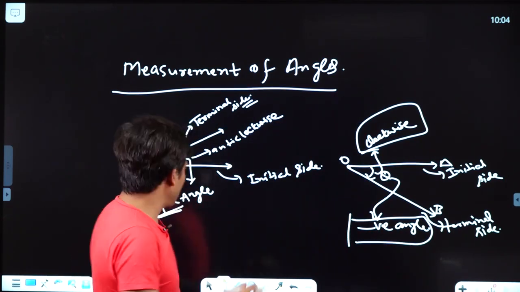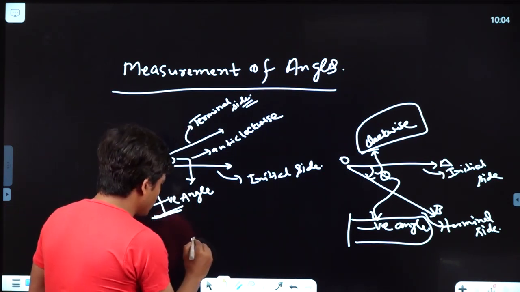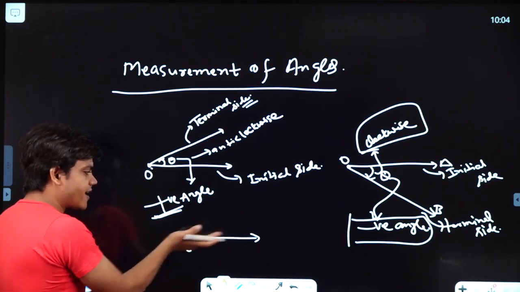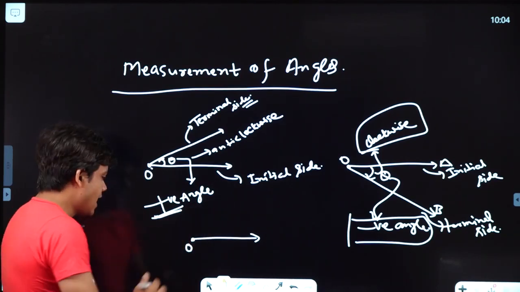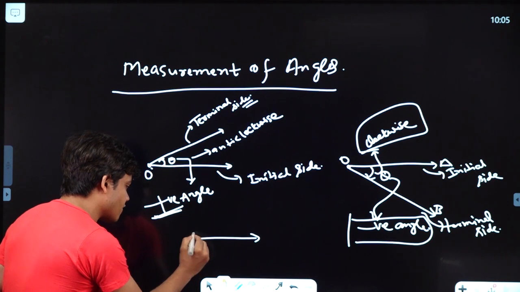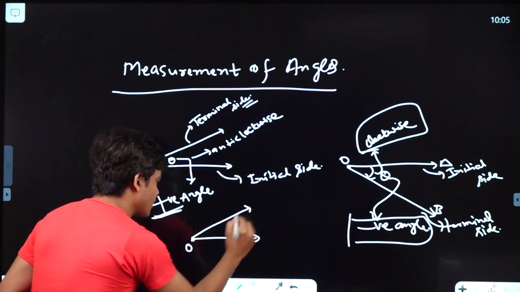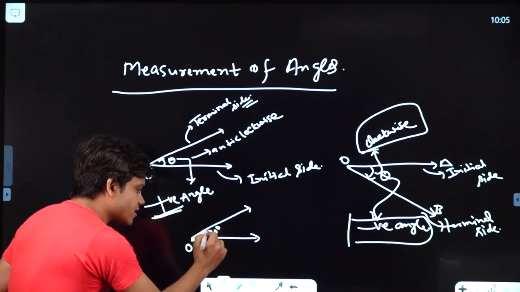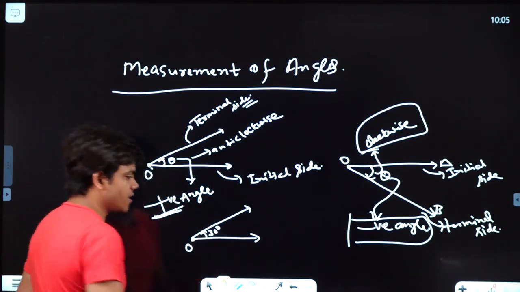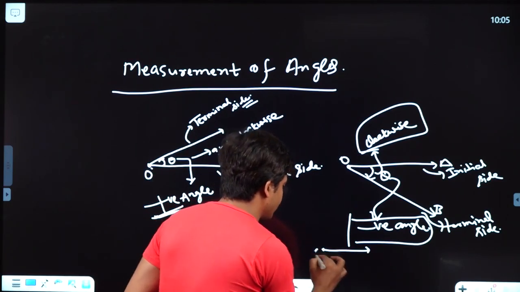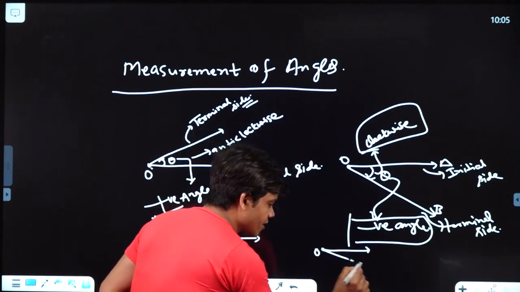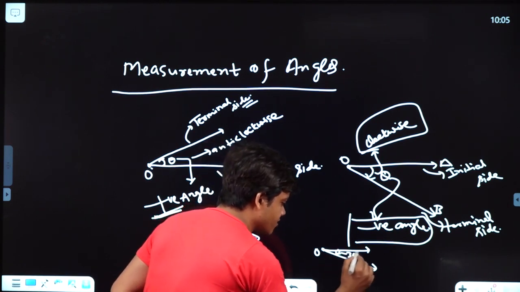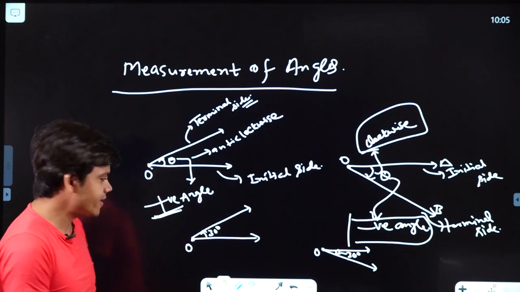All right. So for example, think you are over here at the origin. This is the positive x-axis as the initial side, and you have started your rotation from here, and you are over here in the positive sense, and think this is 30 degrees. Then we will take this as positive 30 degrees, but if this is the initial point and you are rotating in the clockwise sense, then this will be minus 30 degrees.